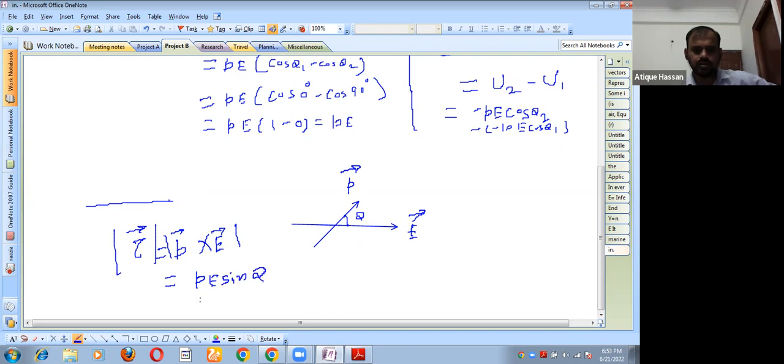So the value of torque is P E sin theta. And the formula for potential energy we already studied in the previous question, minus P dot E. So the formula for potential energy U is minus P dot E, which is minus P E cos theta.